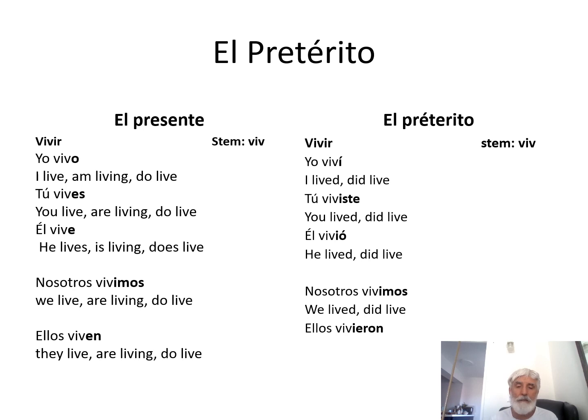What ending do I put on to get the preterite tense for ellos or for ustedes? Vivieron. Okay, ellos vivieron. So please familiarize yourself with these verbs and their endings. You should be able to put any regular AR, ER, or IR verb into the preterite tense. Please learn these.